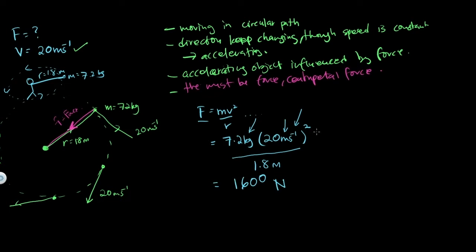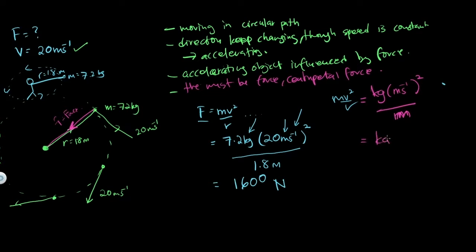Or you may check your unit here. F equals mv square over r. The unit for mass is kilogram. Unit for speed is meter per second, squared, divided by radius in meter.